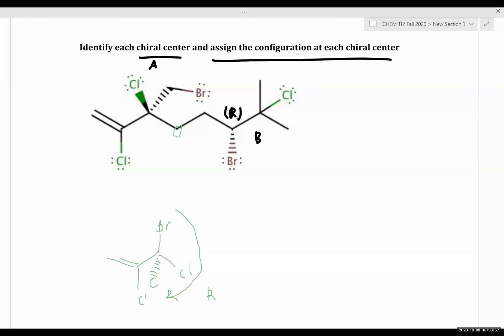So, does anyone have an assignment for the other stereocenters? Does anyone have a proposed assignment for the other stereocenter in this case? Let's try to get some responses in the chat, and then we'll discuss.